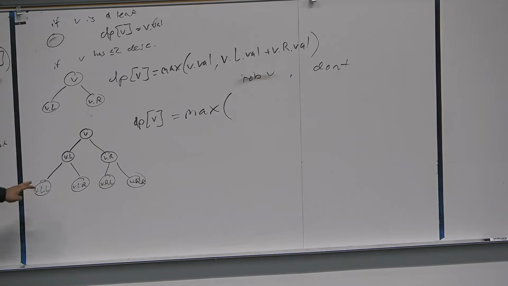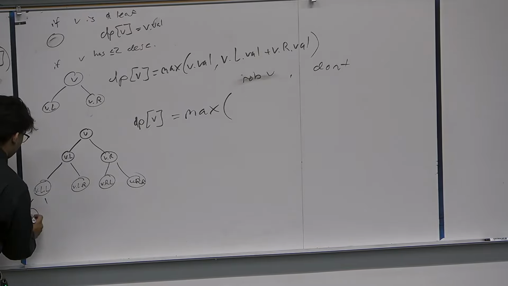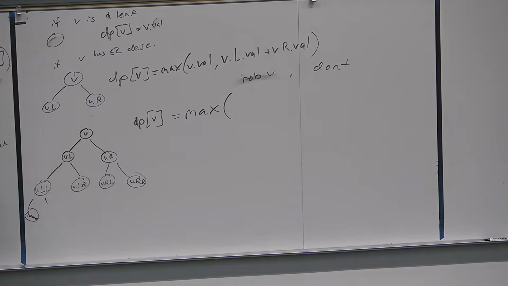Choosing that one prevents you from choosing one of its descendants. Let's say this is 1,000, and this is 10,000. By choosing to steal this one, you prevent it from choosing to steal that one. So maybe you don't want to steal this one.